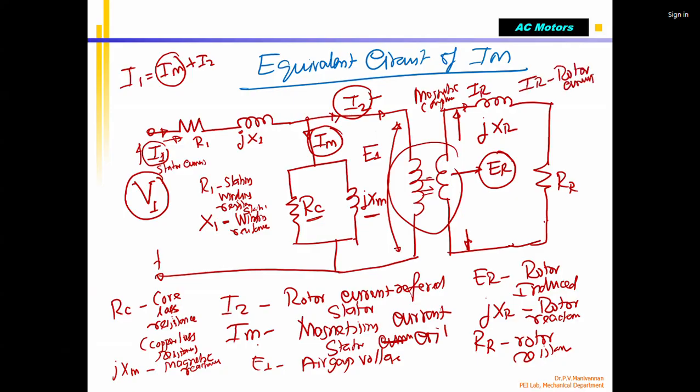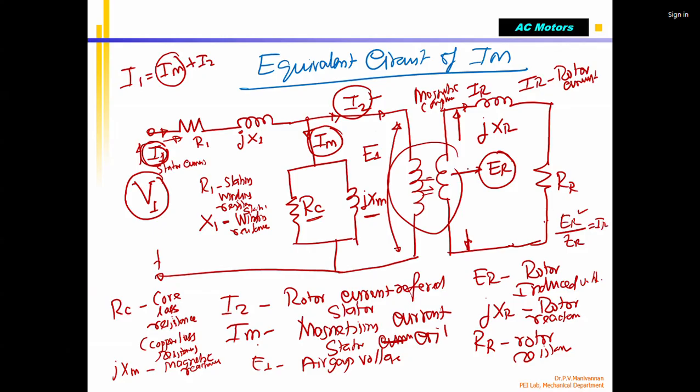Please note that the rotor current is generated due to the input current only, because the rotor doesn't have its own power supply. Because you are supplying input voltage, a magnetic field is created in the stator. That magnetic field is transferred between the two coils by magnetic coupling. Then the voltage ER is induced. ER is the rotor induced voltage. ER divided by ZR is IR, the rotor current.